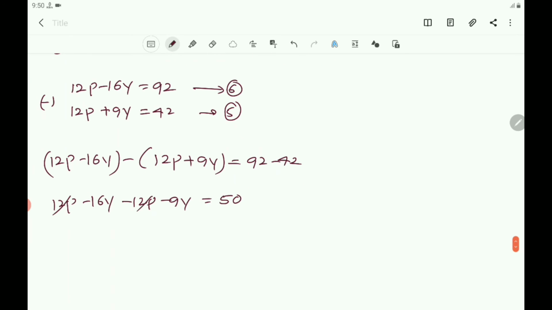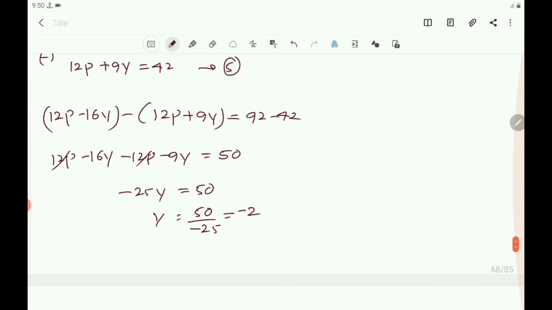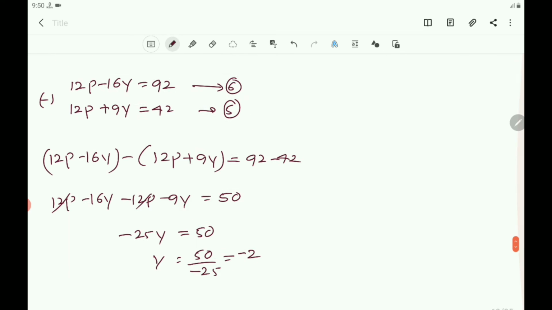Then these two cancel. Minus 16 minus 9 is minus 25y, that is equals to 50. So you got y is equals to 50 by minus 25, that is minus 2. You got y is equals to minus 2.